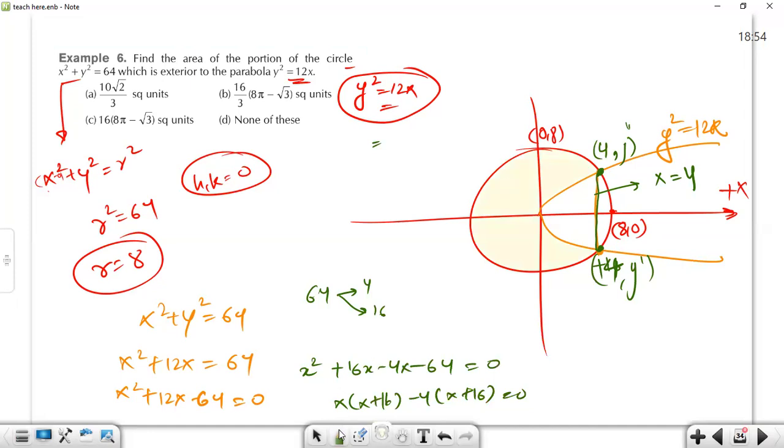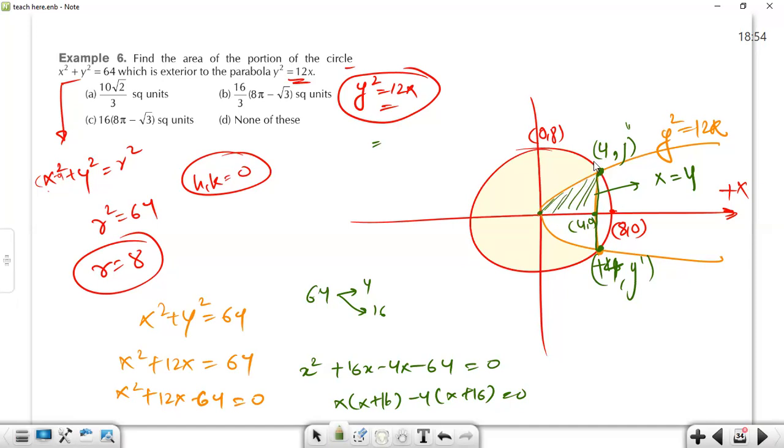So we have to just exclude this area, which is here. Now how we can do that is, simply, first we'll find the area. First, let's discuss this portion here only. We'll find out the area of this parabola from 0 to 4.